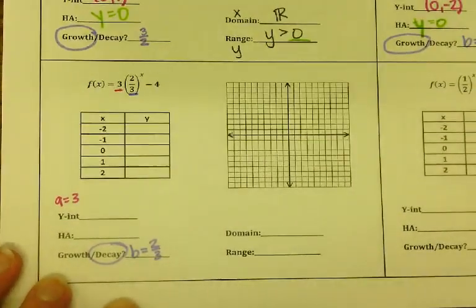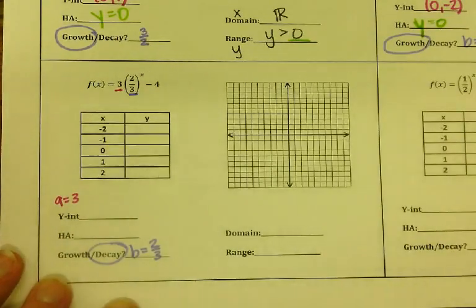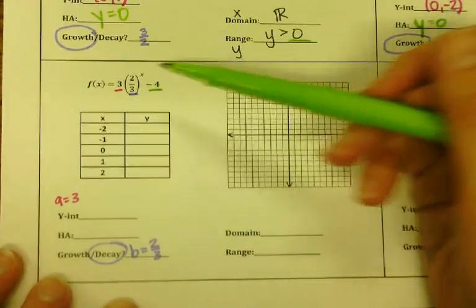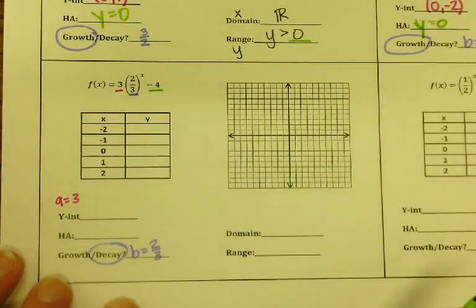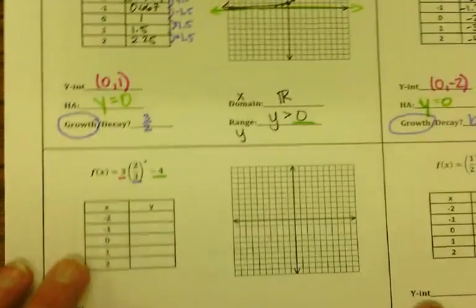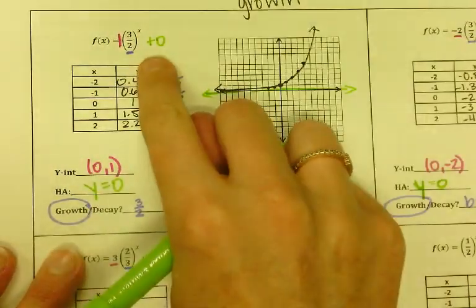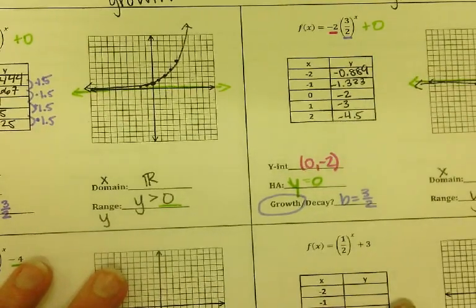All right, y'all? And then we have this little extra number out here. So what this means is that our entire graph is being shifted down 4 units. So guys, remember how I said the horizontal asymptote default was y = 0? It's because we were adding nothing to those functions. It was +0.